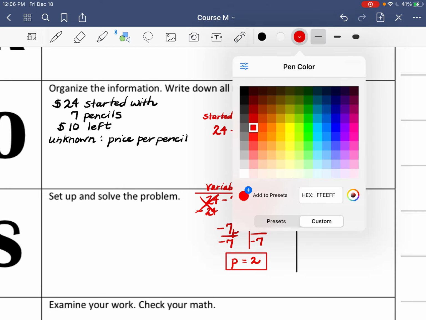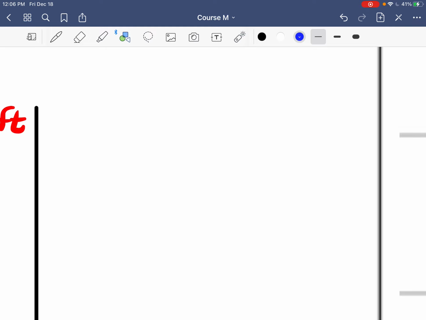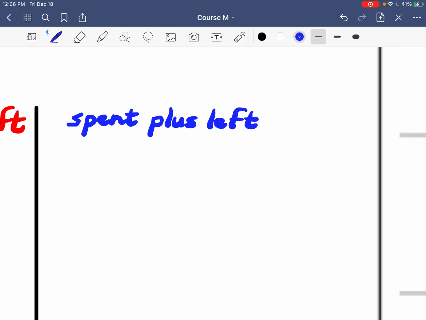That is actually not the way I solved it. My brain works a little bit differently, and here's what I did. I said the money that she spent plus the money that she had left is the money that she started with.